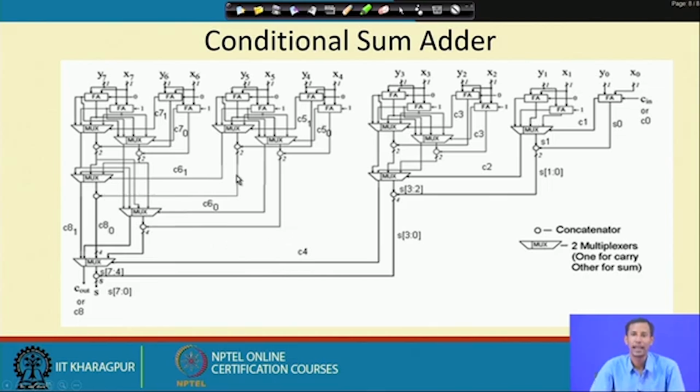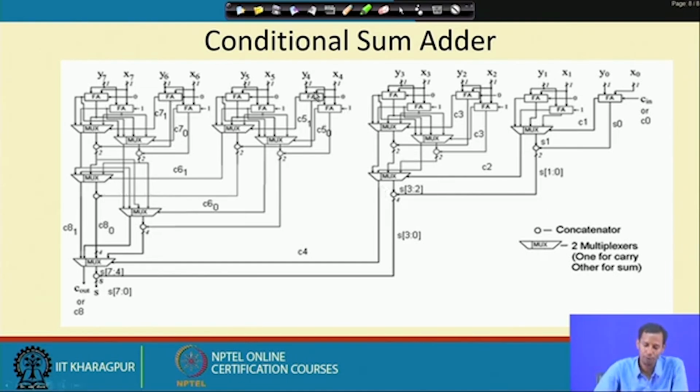If I just stop here, this is a 4 bit conditional sum adder. Now my intention is to design an 8 bit conditional sum adder.